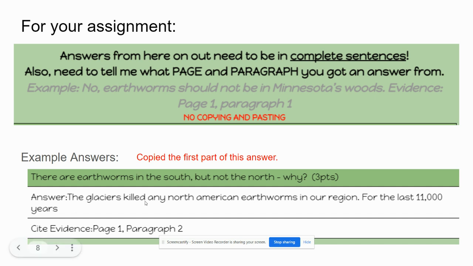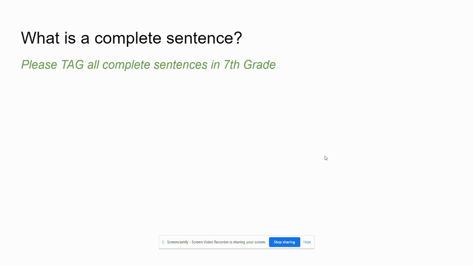This whole line, they didn't change any of the words into their own words, and it's just copied straight from the text. I wanted to point that out, that I do see that and know that. And then the second part, they did that absolutely right. It had the page one and then paragraph 2. So they found that answer in paragraph 2.